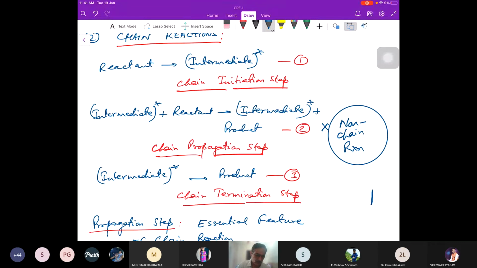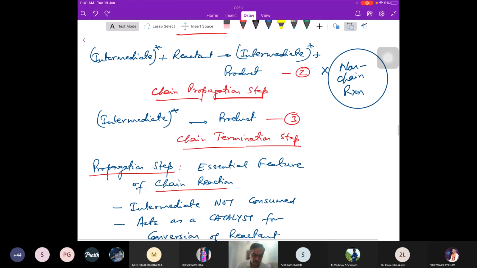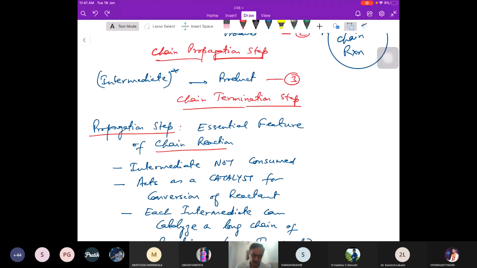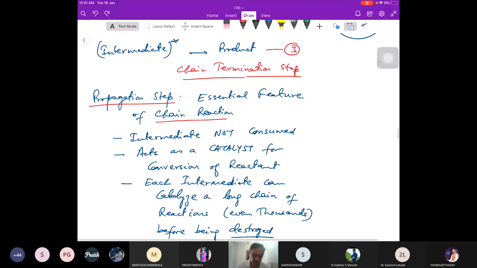Okay. Any questions? So in the chain reaction, the propagation step is an essential feature of a chain reaction, which we just saw. The intermediate is not consumed. It acts as a catalyst for conversion of reactant.